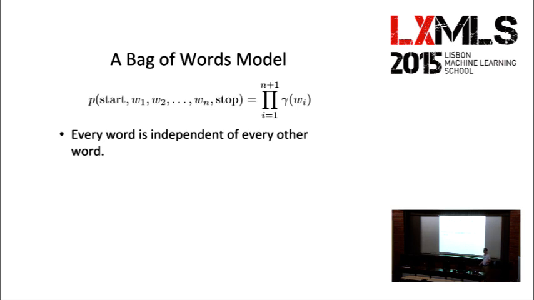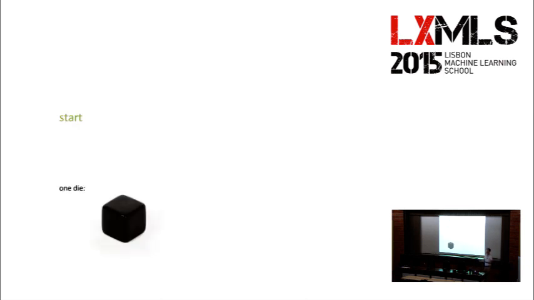Okay, so here's the idea. In the bag of words model, same thing. We're writing down the probability of start, word 1, all the way up through word n, stop. And we write it as a product of a probability of each word in turn, not conditioned on anything. Okay, so we just have a distribution over words, and each time we generate a word, we roll the same die. The whole model is one die.